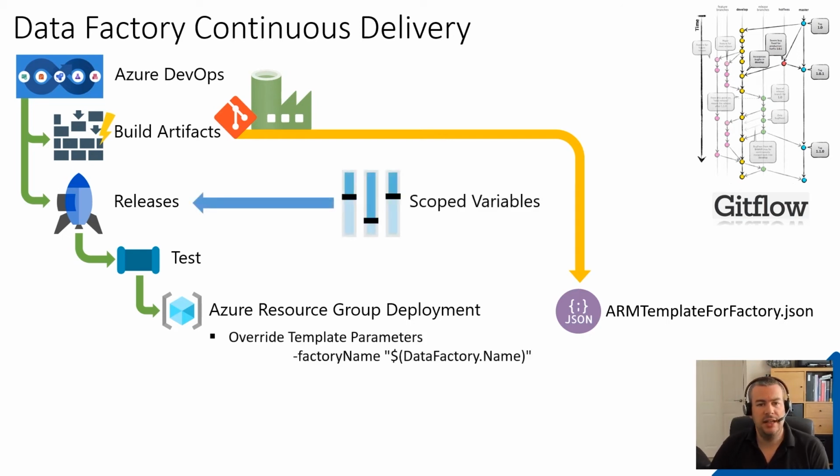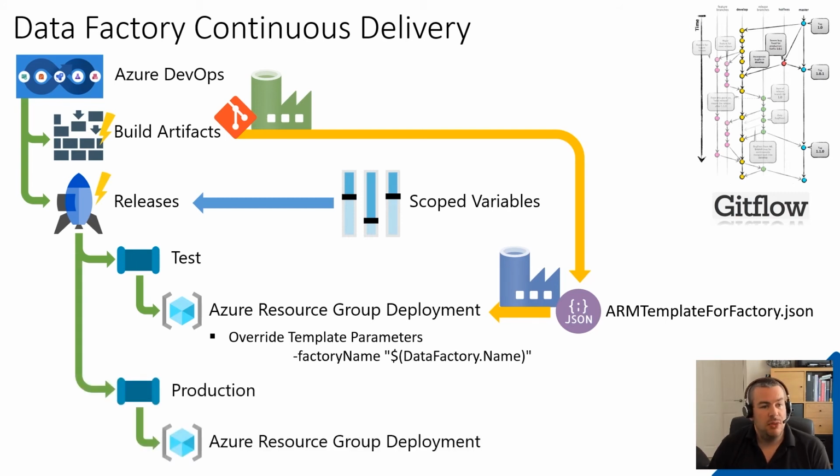We might give it some parameters to override the content in our ARM template, and we might use some scope variables within our release to do that. Fairly common, hopefully, within an Azure DevOps release process. We trigger that release and we get our test Data Factory.